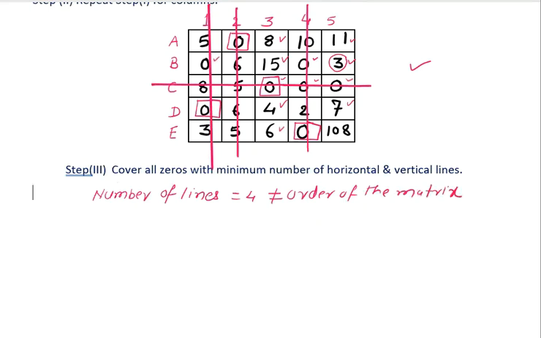So this is not an optimum solution. Apply step number 4 to the matrix which we have obtained in step 3. For that we require the smallest uncovered number, and we have seen that the smallest uncovered number is 3.